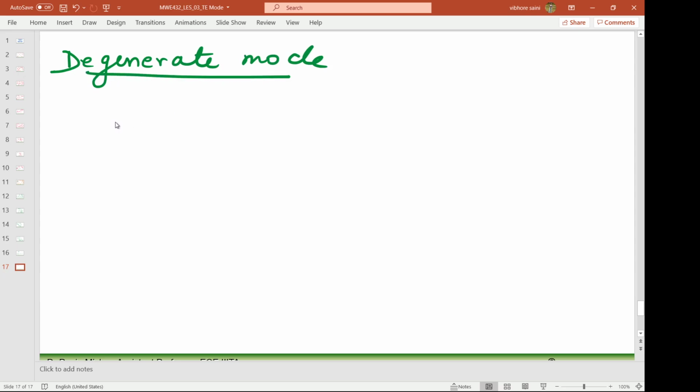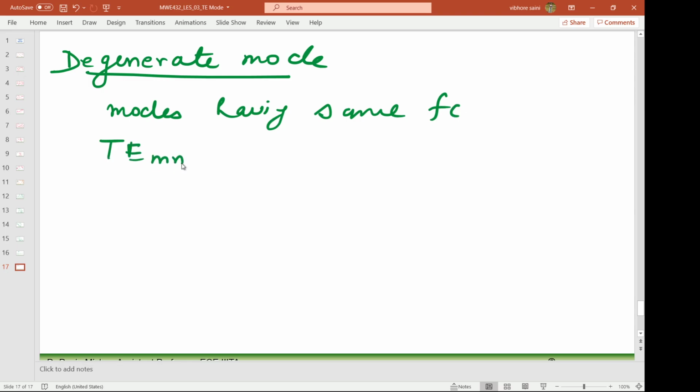Those two modes which have the same cutoff frequency, meaning modes having the same fc, are degenerate modes. TEmn and TMmn modes in rectangular waveguide are degenerate modes always.